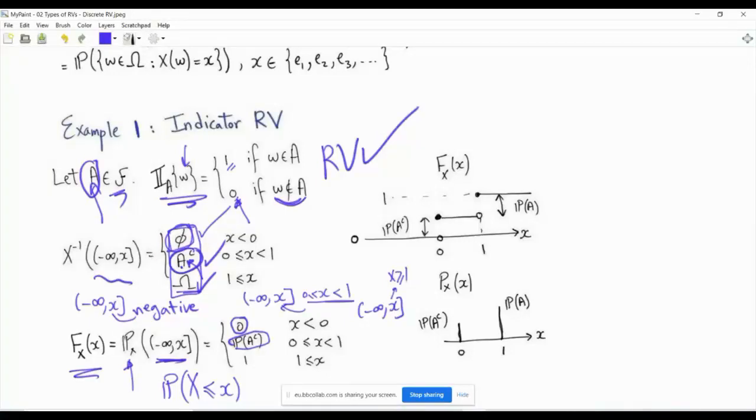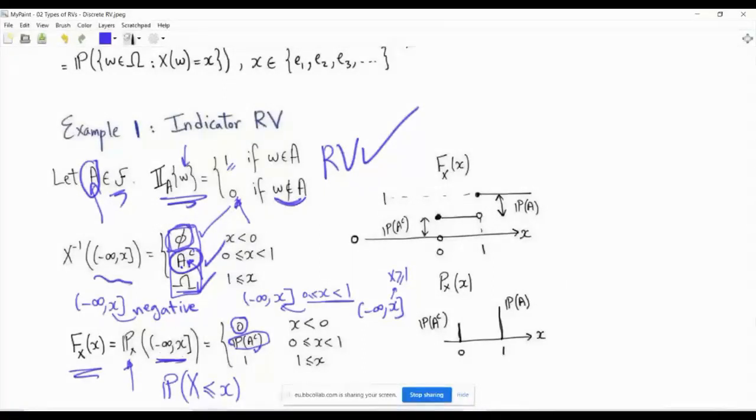Because we defined a random variable on a measure space that is equipped with a sigma algebra, and that is equipped with a probability measure that assigns a number from 0 to 1 to any element in the sigma algebra. So the probability of a complement is well defined. It's a number like 0.25 or whatever.